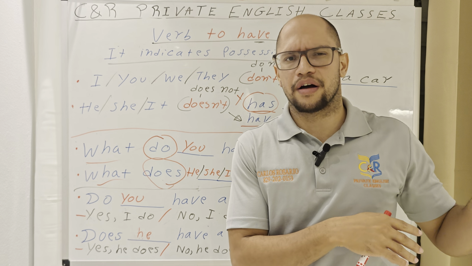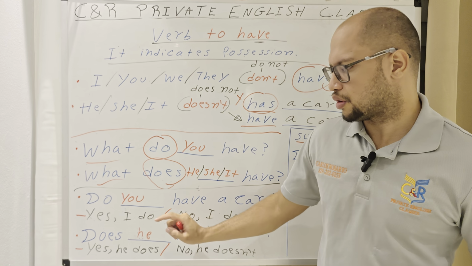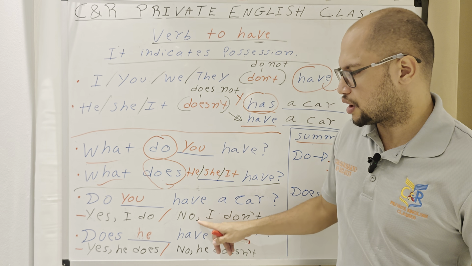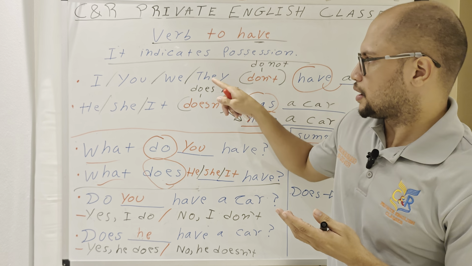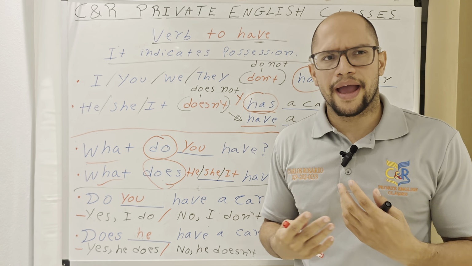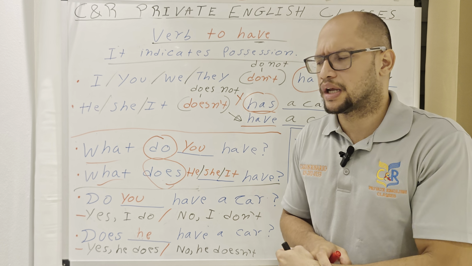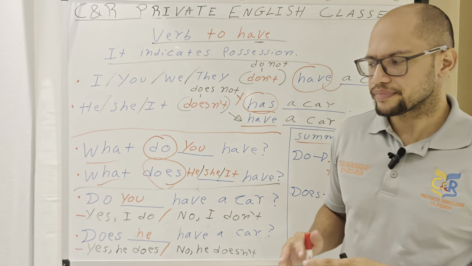Yes, they do, or no, they don't. That's simple. You can use we. Do we have time to go to the party? Yes, we do. No, we don't.